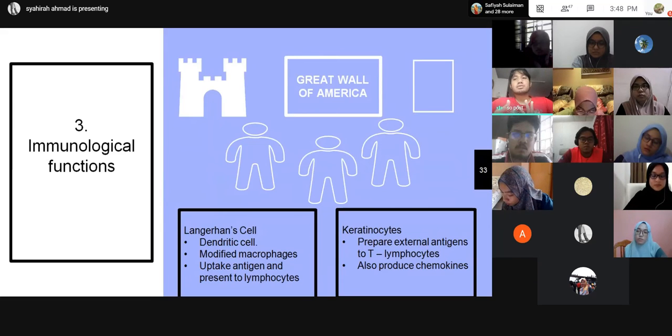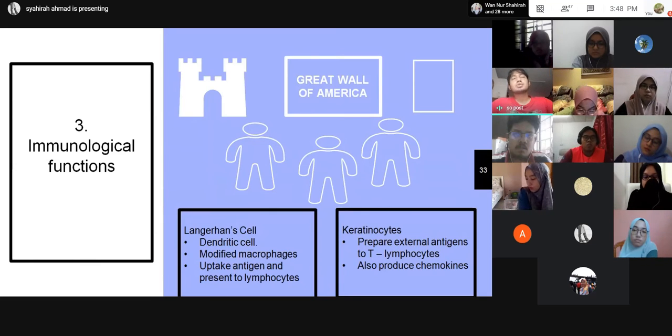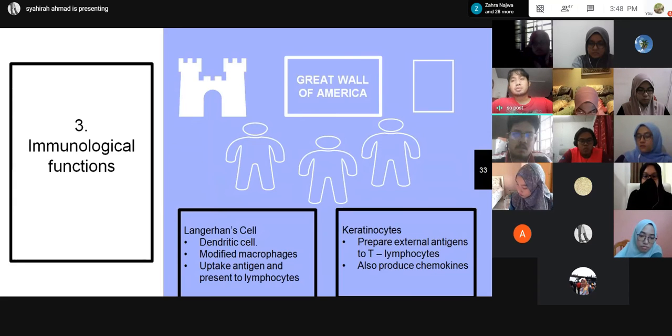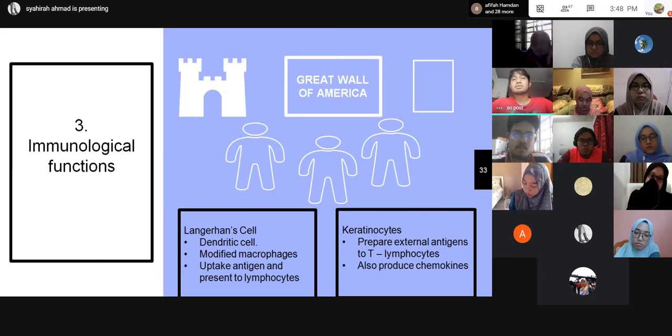They are responsible for uptake of the antigen and present it to the immunocompetent lymphocytes so that an immune response can be activated. And also, keratinocytes also prepare external antigen for T lymphocytes, which help in activation of immune response.